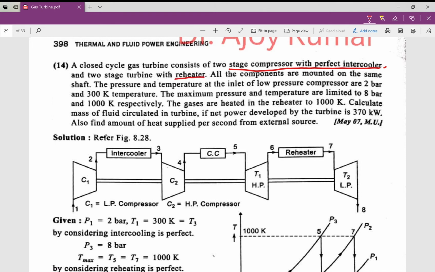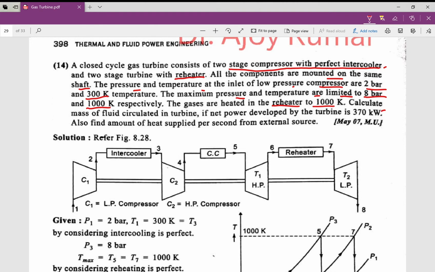All the components are mounted on the same shaft. The pressure and temperature at the inlet of the low pressure compressor are 2 bar and 300 Kelvin. The maximum pressure and temperature are limited to 8 bar and 1000 Kelvin respectively. The gases are heated in the reheater to 1000 Kelvin.